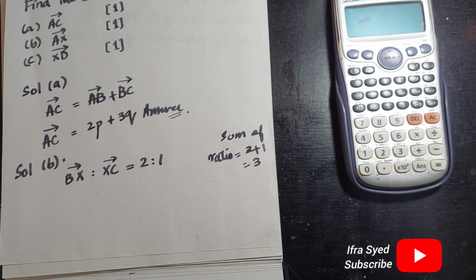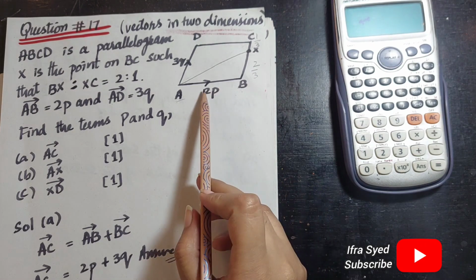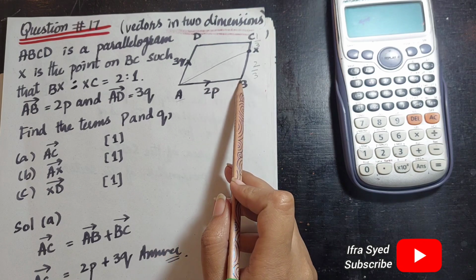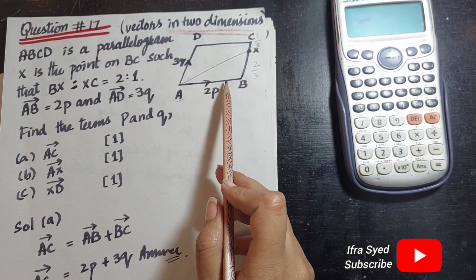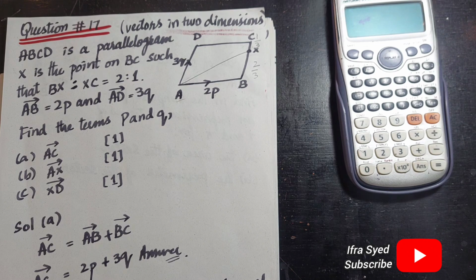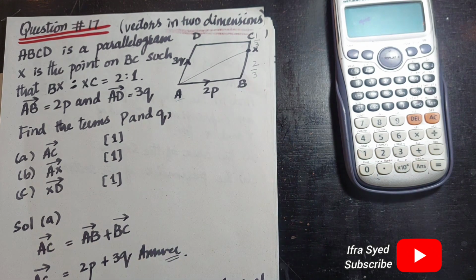As we have to find the value of AX, we can easily find it by using the resultant vector. If we join the head of one vector to the tail of the other and add them, we will get the resultant vector. So I'm just adding AB to BX, so we will get AX.